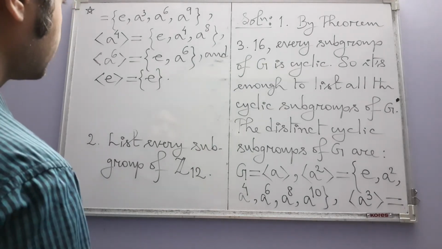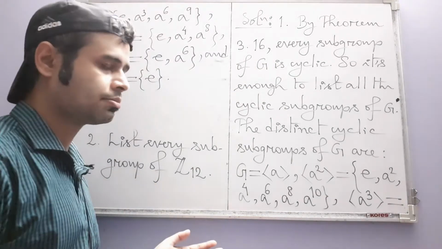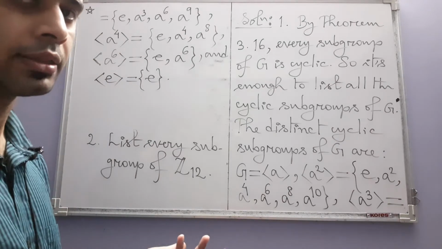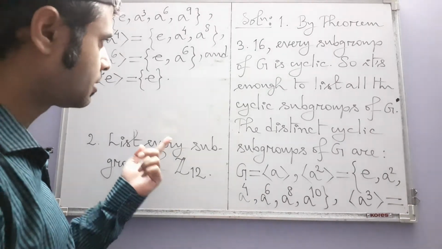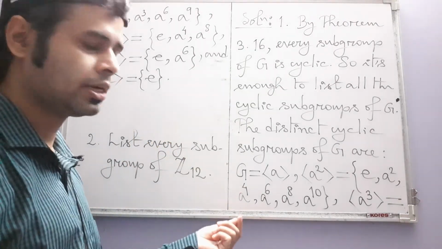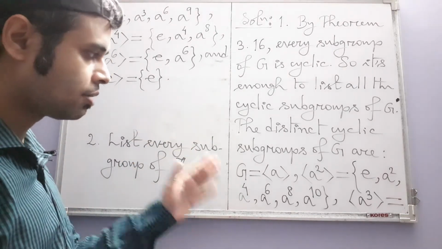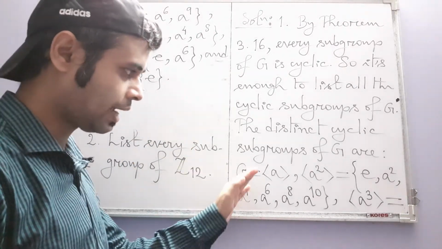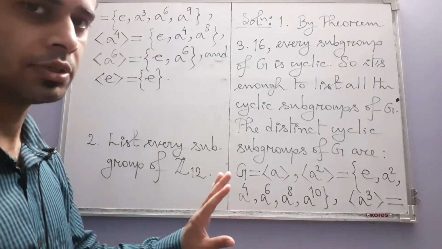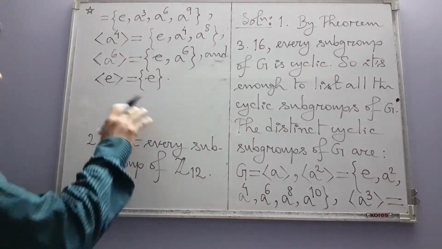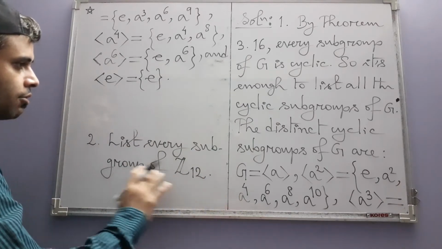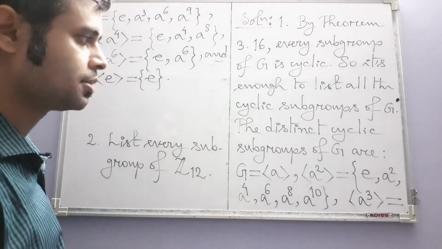And it turns out that the other cyclic subgroups which the other powers of A generate, which we have not considered in this list, all of them turn out to be actually one of these that we have written here. So this is a list of all the distinct cyclic subgroups of G.